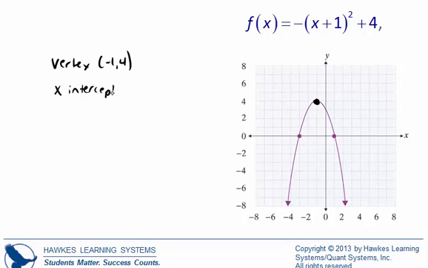We found those to be the points negative 3, 0 and 1, 0. So 1, 0 is here. 1, 2, 3. Negative 3, 0 is here. We know the parabola opens down. And we know that it has the same width as the original. So with that information, you can come in and sketch the graph of that parabola.